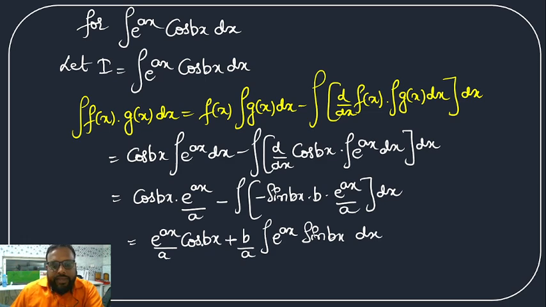Again the same thing, I'll simplify this part. Again sin bx becomes the first function and e to the power of ax becomes the second function.